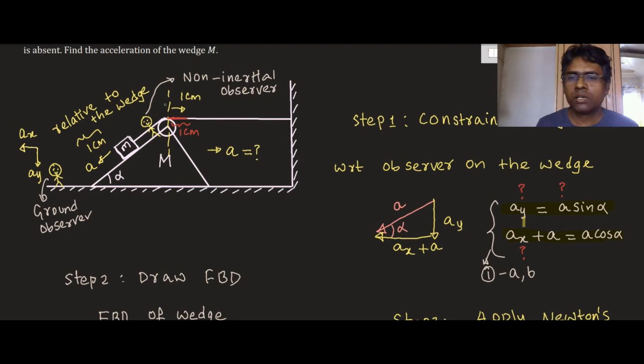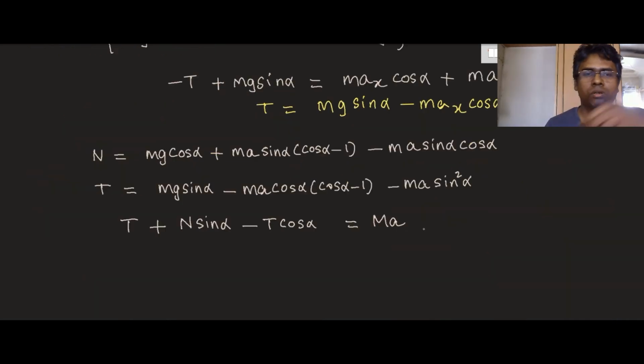So let us see how we can do this. Here I have just substituted ax and ay in terms of the acceleration of the wedge, and then I get this equation.